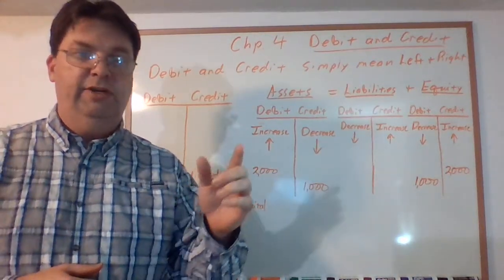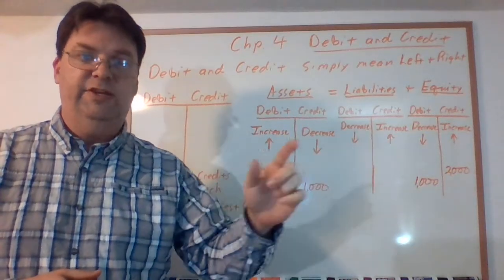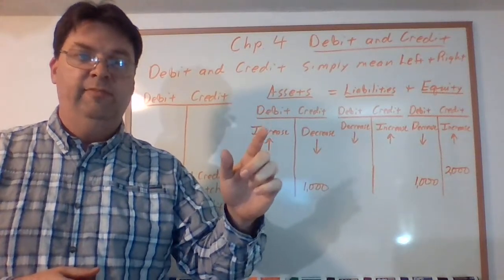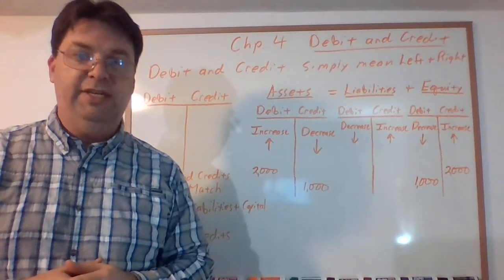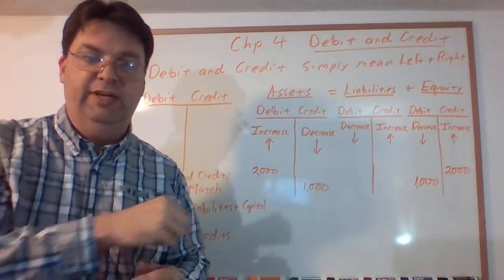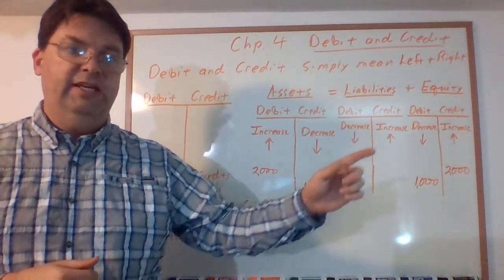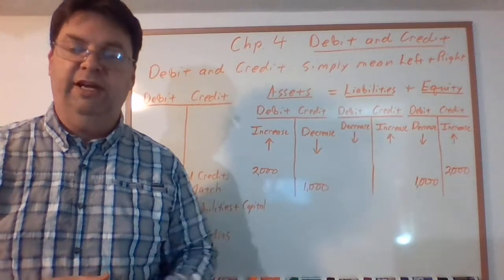Underneath that, we're going to have debit and credit, debit and credit, debit and credit. And so assets are going to have their own T account with debits and credits. In fact, each asset will have its own, but we'll get to that eventually. Liabilities are going to have their own T accounts, and equities are going to have their own T accounts.